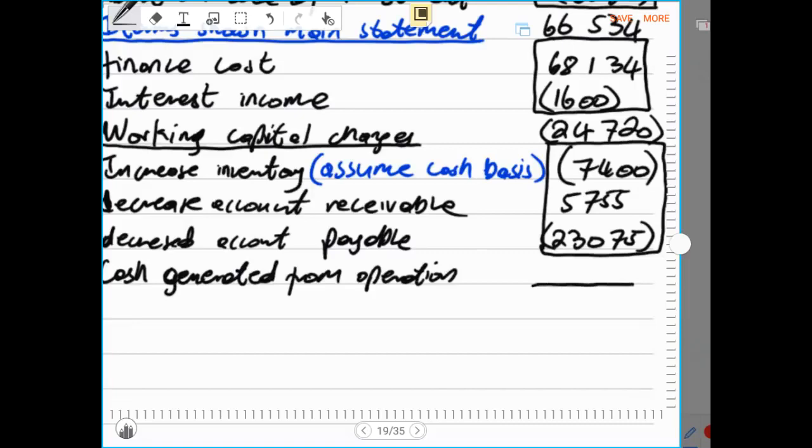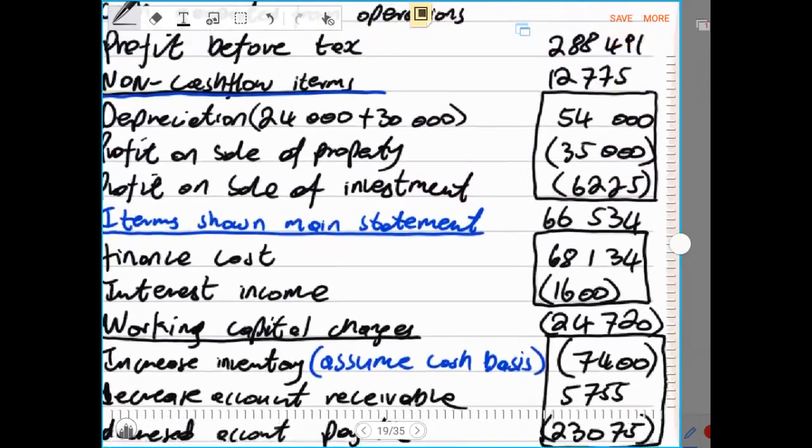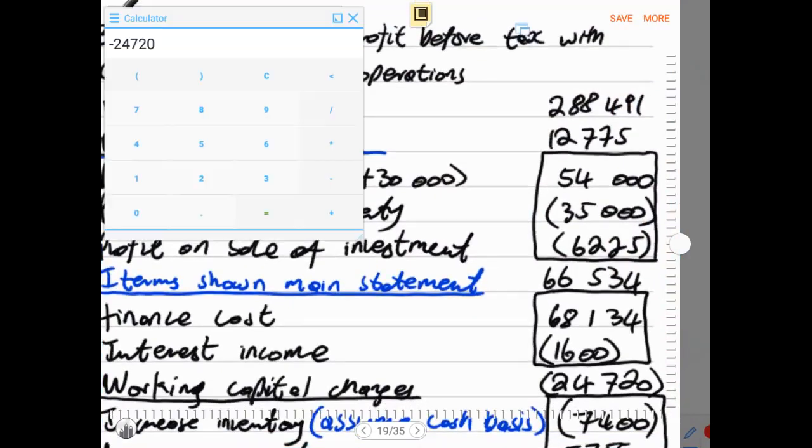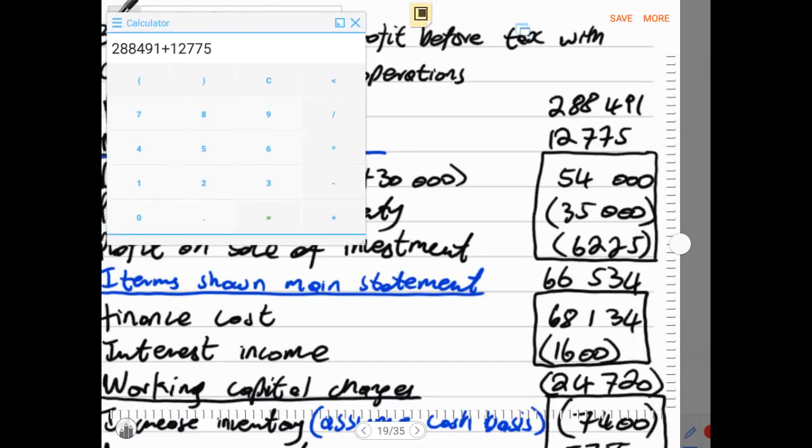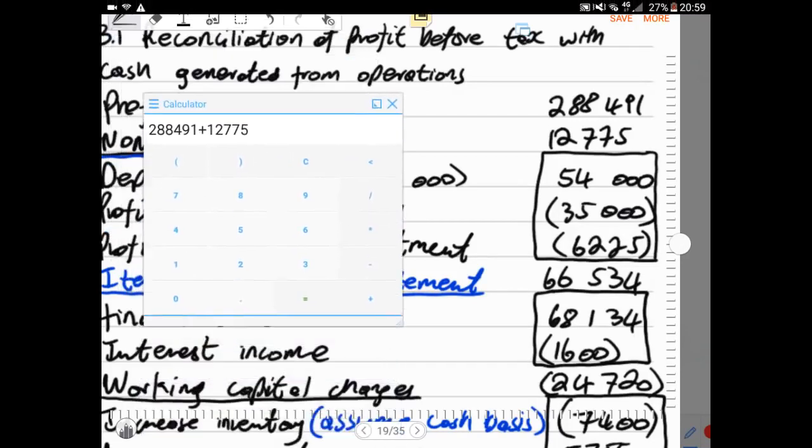Therefore, now our cash generated from operations will be a total of the profit. Let us calculate everything. Our profit before tax is 288,491 plus 12,775, which is our non-cash flow items.